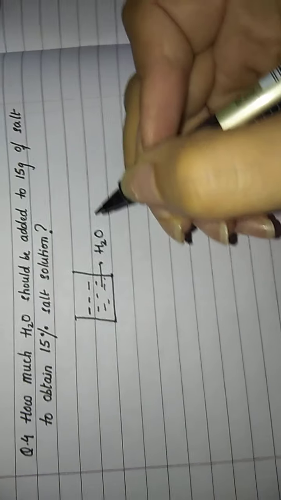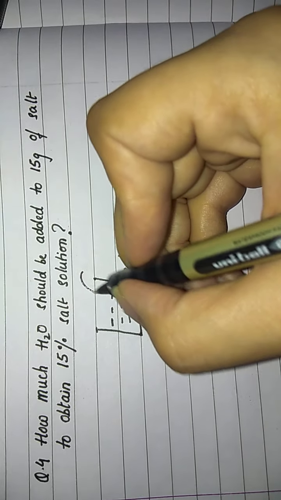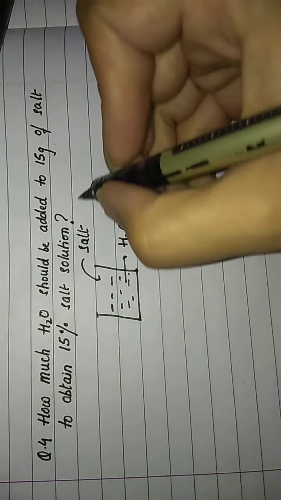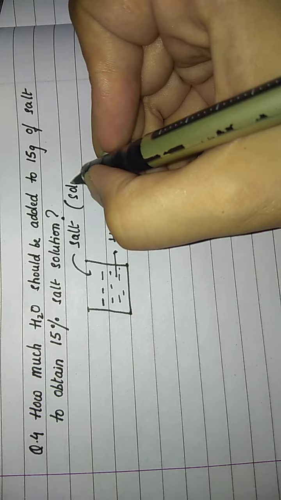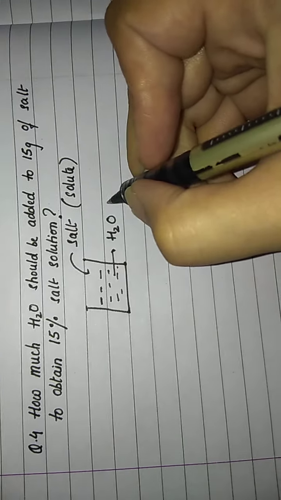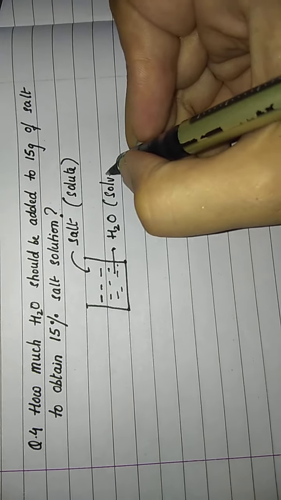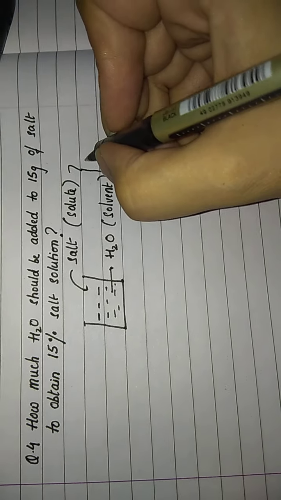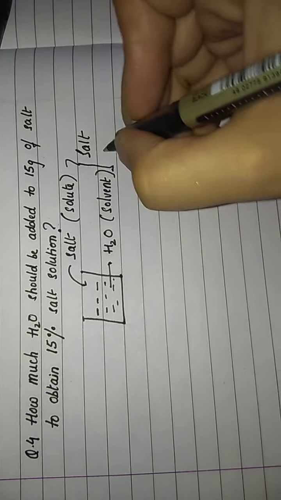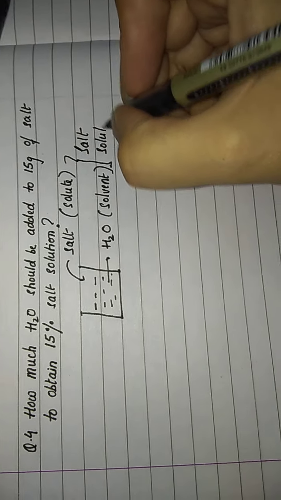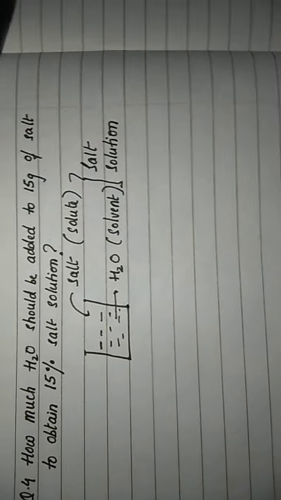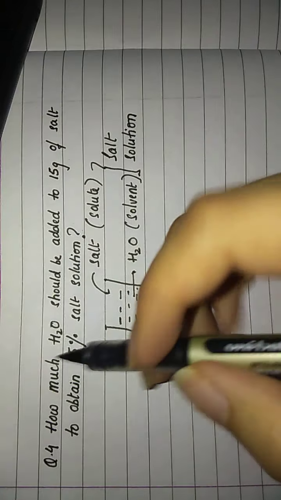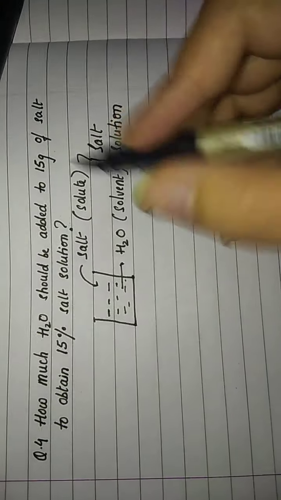Okay, some water is present in the container and I am adding some amount of salt to it. So my salt will be the solute here and water will be the solvent. Together they are mixing up to give me the salt solution. Salt और water को हमने mix किया क्या बनाने के लिए? Salt solution. Fine. So what they are asking is how much water should be added.